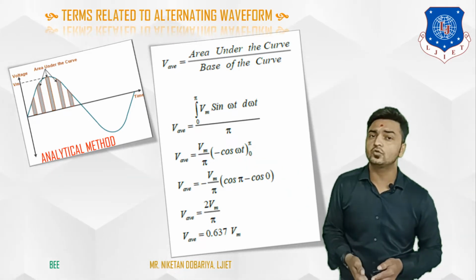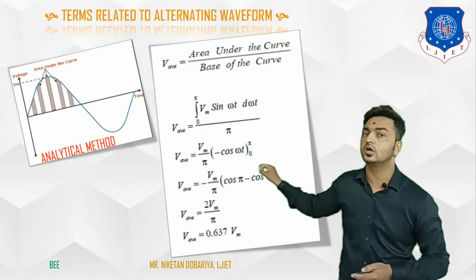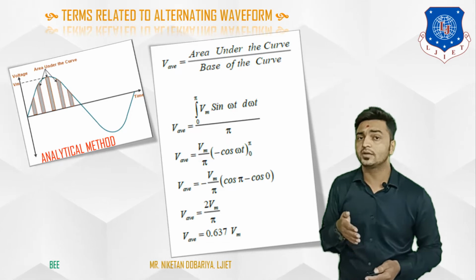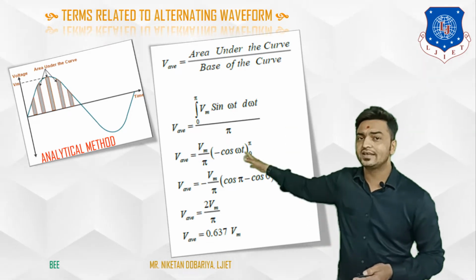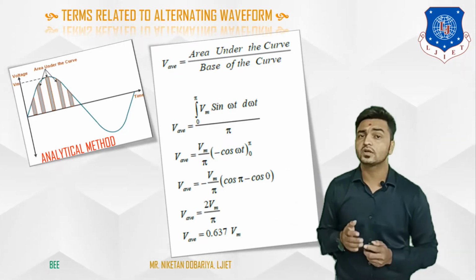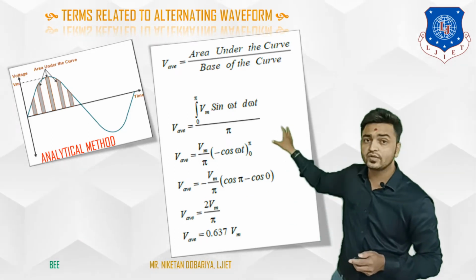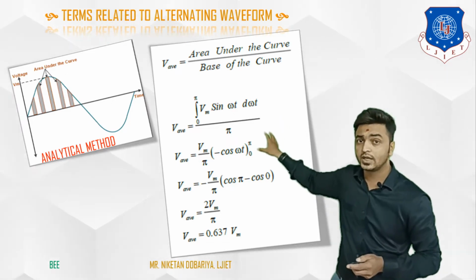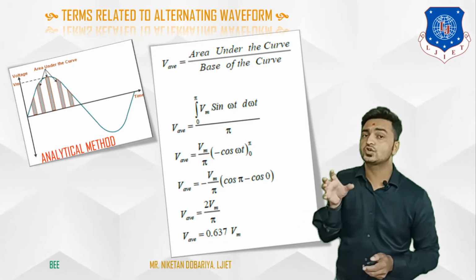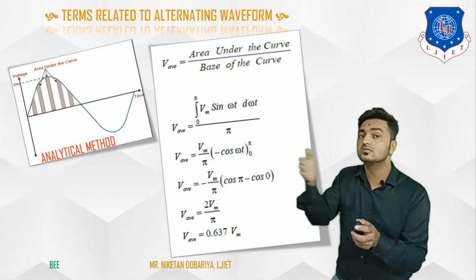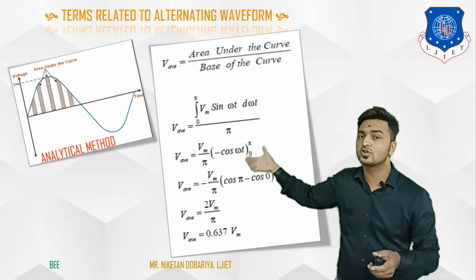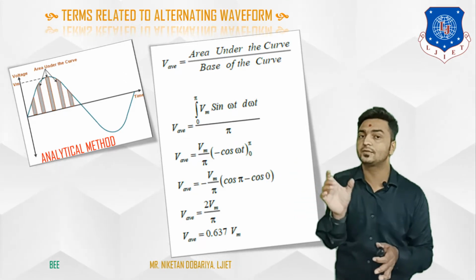Here, if we need to find the average value of that curve, meaning the average height of that curve, it can be calculated by dividing that area by its base length. That means if we integrate the equation of this waveform from 0 to pi, that integration provides the area under the curve from 0 to pi, and the base length for that positive cycle, from 0 to pi, is pi.